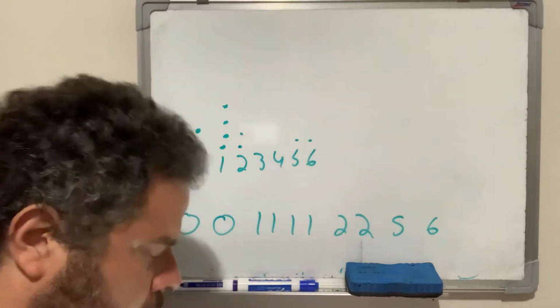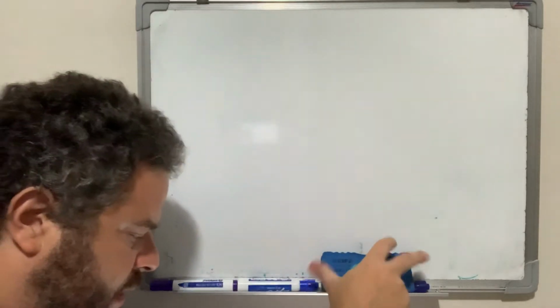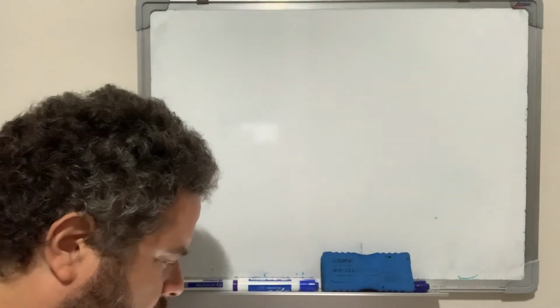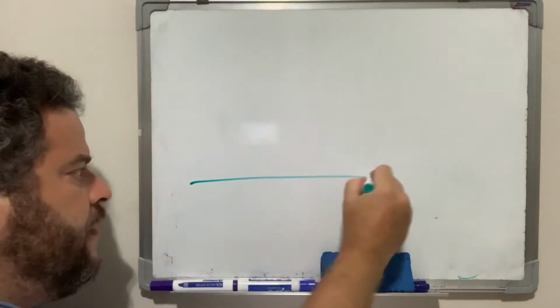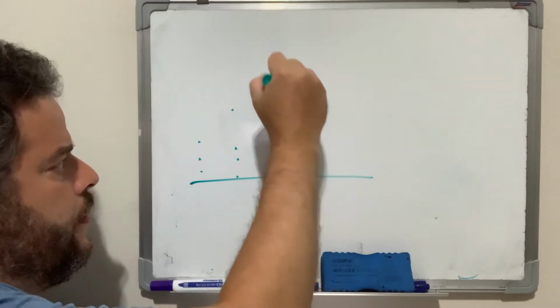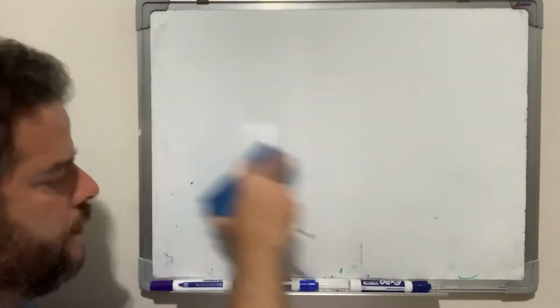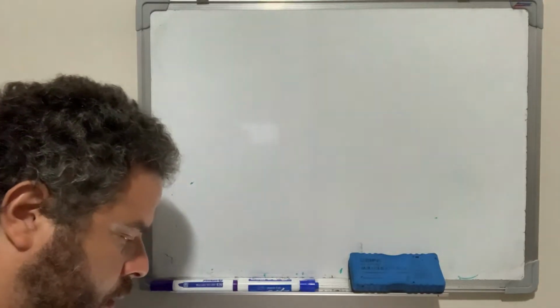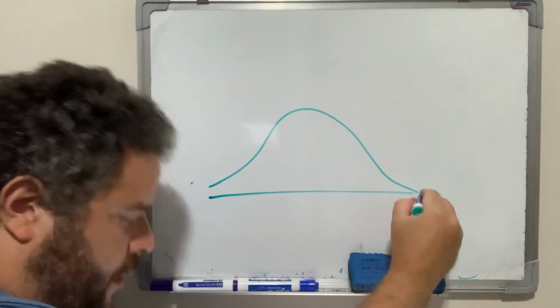Describing the shape. Let's go over the pictures we can see on page 92. Now, let's say we have a distribution that looks like this. I'm just going to use normal bell graphs.